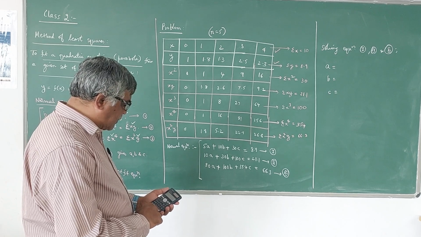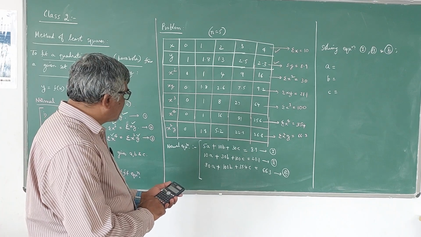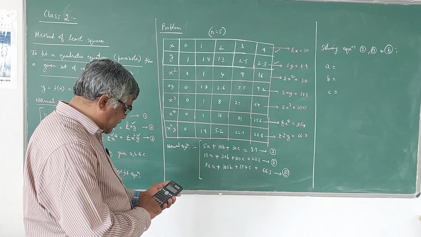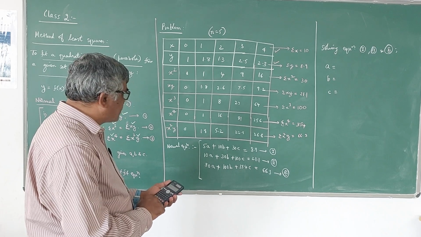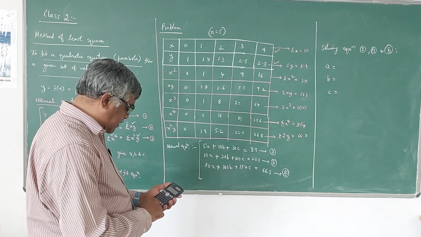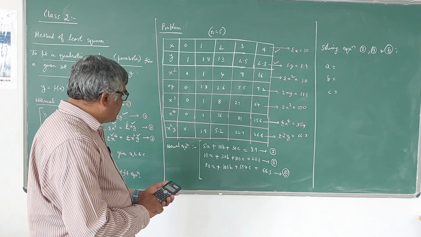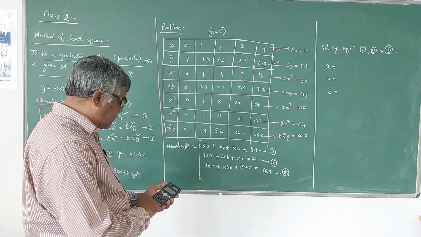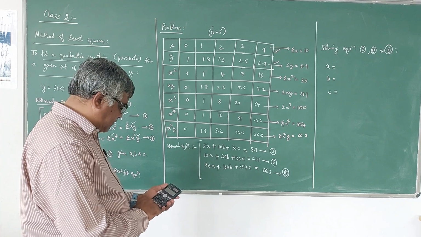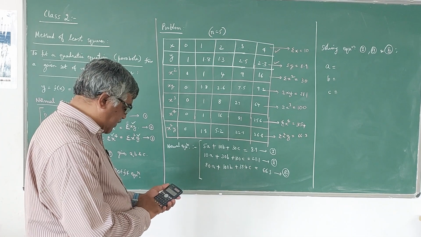Then A2 is 10, B2 is 30, C2 is 100, D2 is 21.1. Then A3 is 30, B3 is 100, C3 is 354, D3 is 66.3.